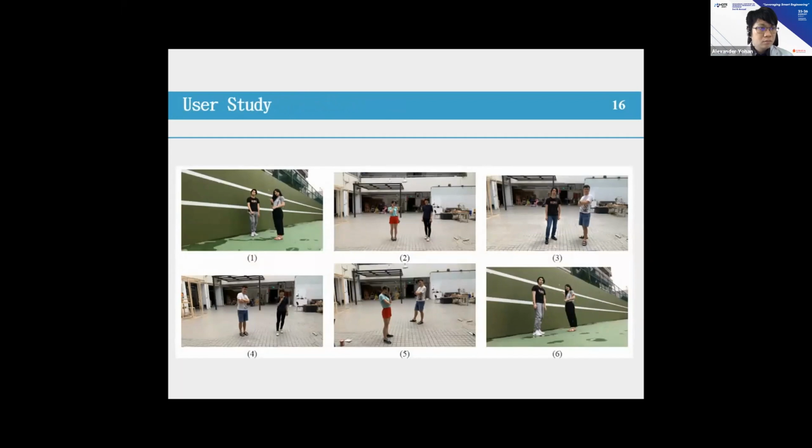So to verify that our work can really help generate realistic images, we conducted a user study. We generated 10 images. Some of them are realistic images and some of them are fake ones, which means they are generated by our system.